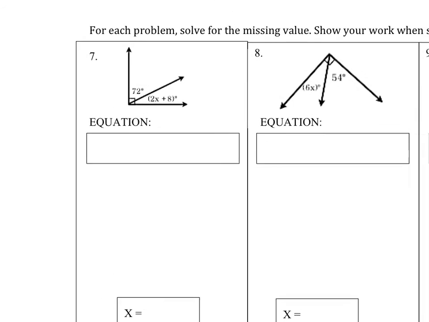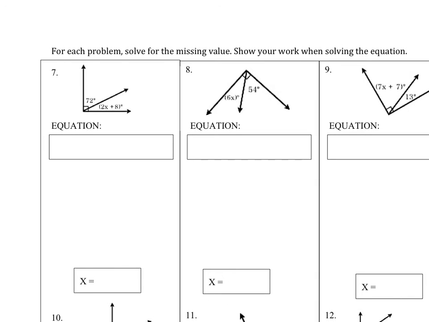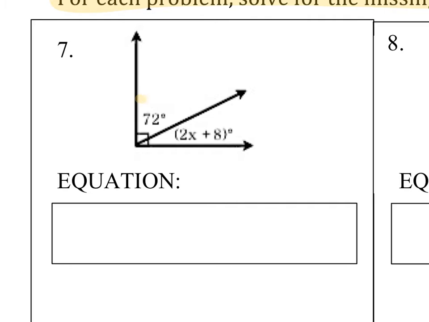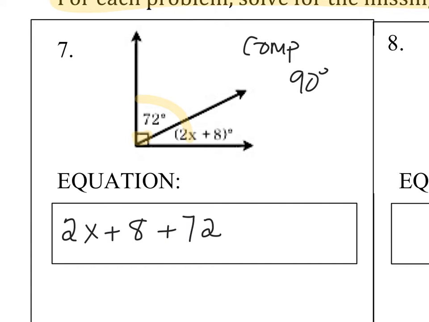All right, so in this one, solve each problem. For each problem, solve for the missing value and show your work when solving the equation. This is the fun stuff. This is just the plain old math that we're going to do. All right, well, I noticed that right here, this angle and a 90-degree symbol are going to be complementary, which add up to equal 90 degrees. So 2x plus 8 plus 72 is going to equal 90 degrees.